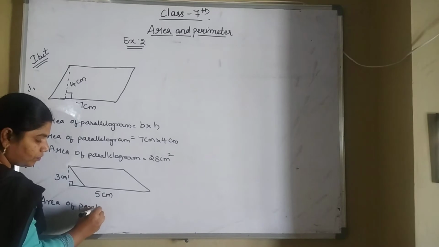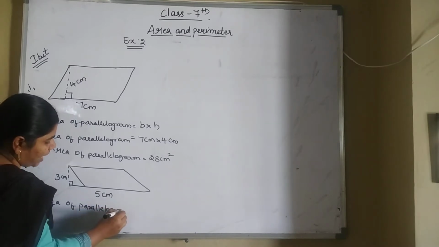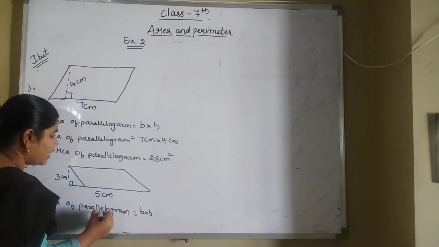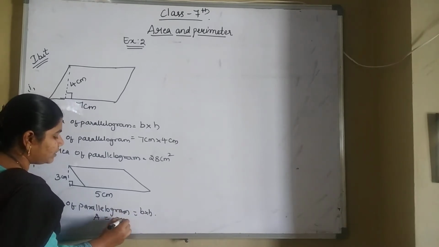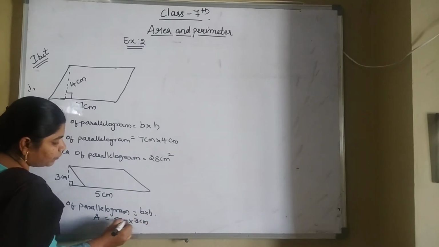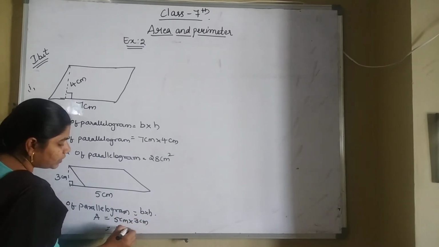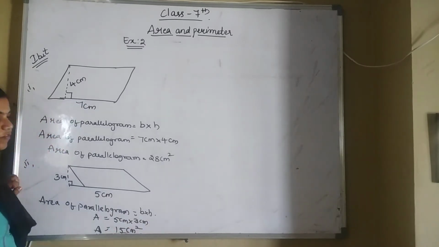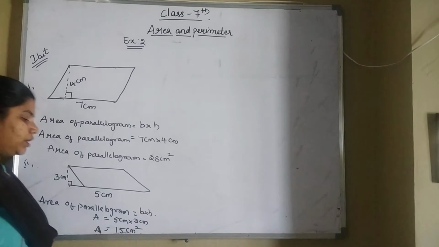Area of a parallelogram formula is base into height. So area is equal to base value 5 centimeters, height value 3 centimeters. That is 5 3s are 15. Centimeter into centimeter is centimeter square. So you got the area of the parallelogram as 15 centimeter square.